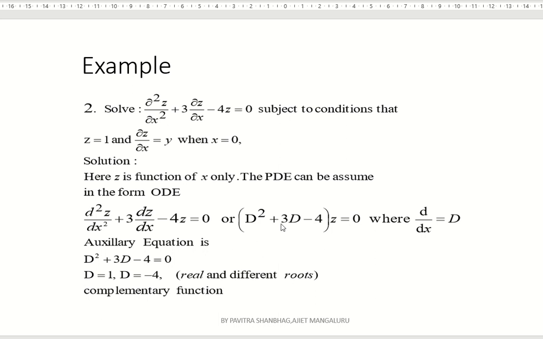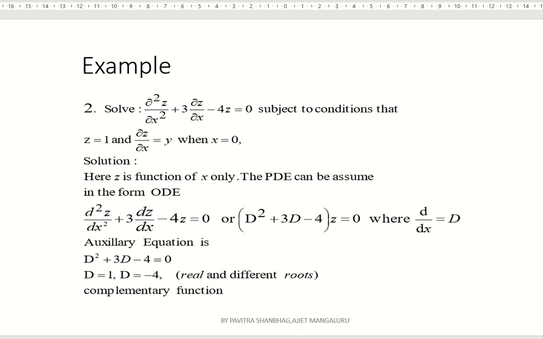D square plus 3D minus 4 equal to 0, or m square plus 3m minus 4 equal to 0. After solving we get m equal to 1 and minus 4. The roots are real and different, so z in terms of x is z equal to c1 e power 1x plus c2 e power minus 4x.